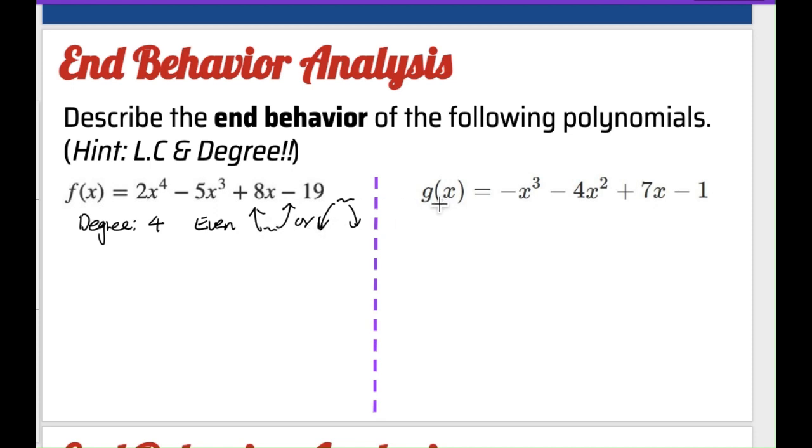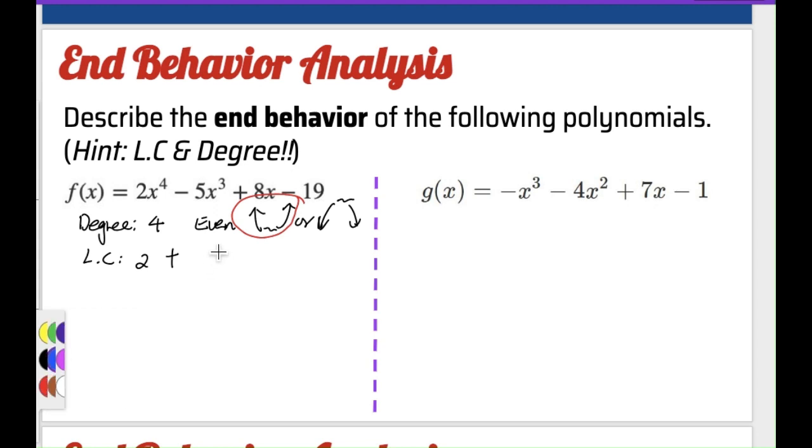So that's what the even degree is telling us. And then the leading coefficient is 2, so apparently it's positive. We know before that when there's a positive leading coefficient, it will go up, because when you multiply by a negative number, it flips the sign, so the graph will flip. But when it's positive, everything stays the same.